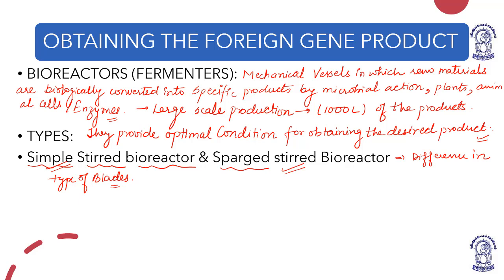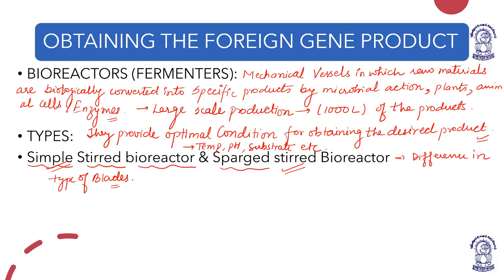Okay, understood? Conditions which help to regulate and control the desired product are temperature, pH, concentration of substrate, etc. Now, stirring type bioreactors are the most commonly used bioreactors.